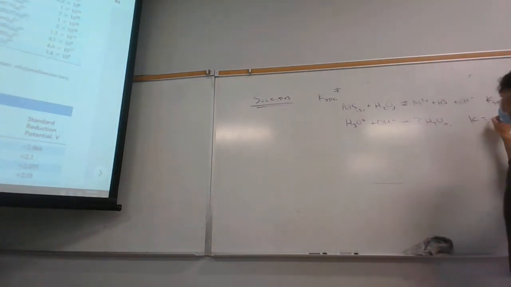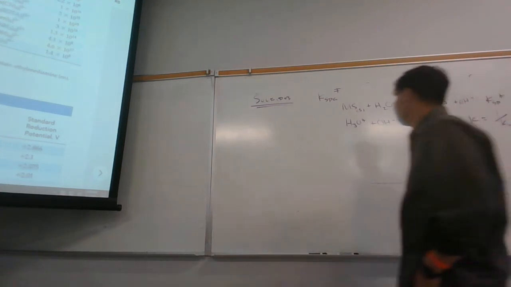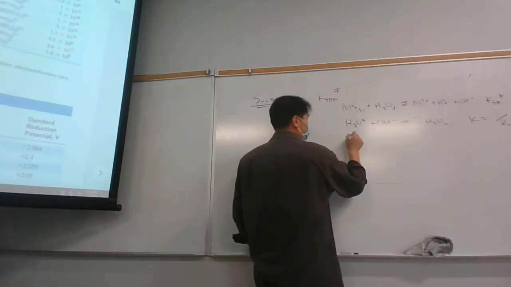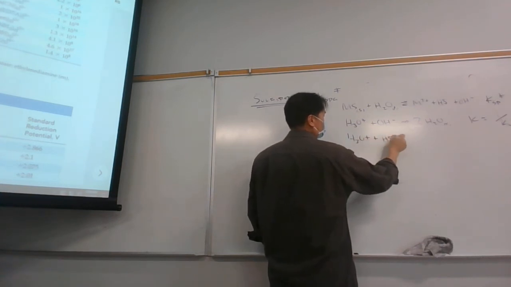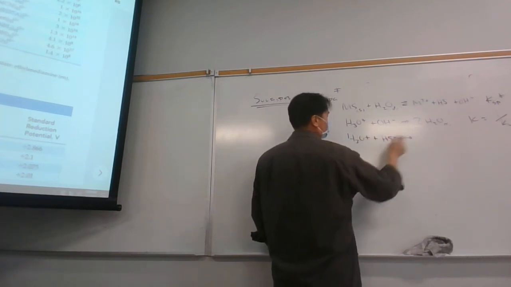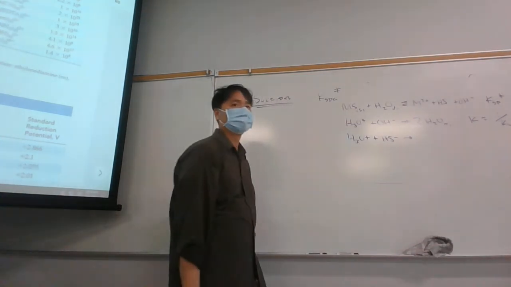K for this equation is, well, look at the reverse. The reverse equation is just Kw. And so K for this is 1 over Kw. But there's another base present, and the other base present is going to be HS minus. So H3O plus and HS minus, which is amphoteric, but in this case, with strong acids can act as a base. What does this form?